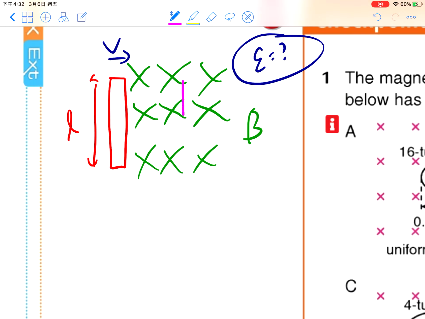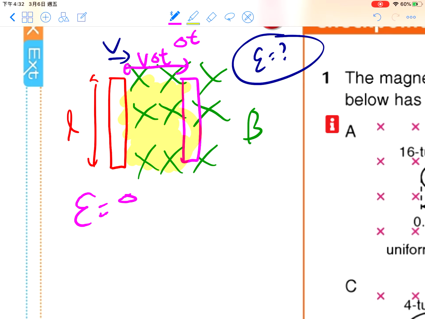So here we need to know how to derive the equation. Suppose the rod moves to the right for delta t. So the length here would be v delta t. Do you agree? Constant speed, v delta t. So you cut through this area. We can use the equation delta phi over delta t.